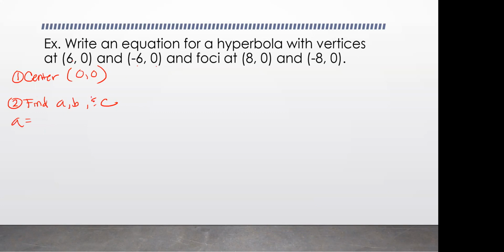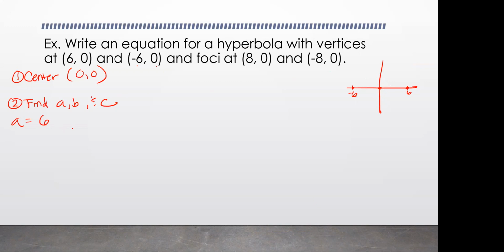We know that the vertices are (6, 0) and (-6, 0). If we look at a quick graph of this, the vertices are here, and the center is the same distance from both, that's why this is the center. So if a is the distance between the vertex and the center, then a is going to be 6, okay? 6 units away.